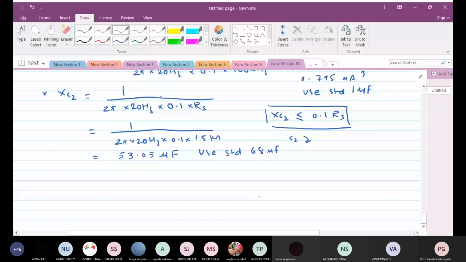Then we'll see C3. Using the similar kind of concept, I can use this directly.